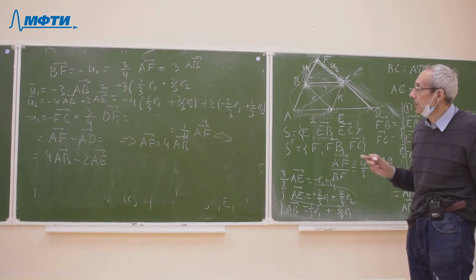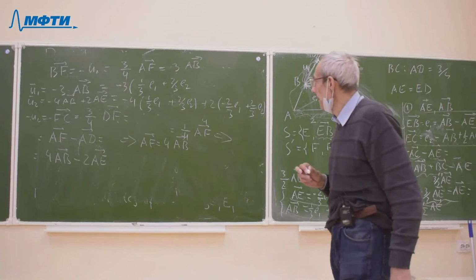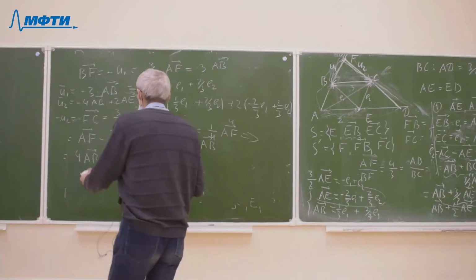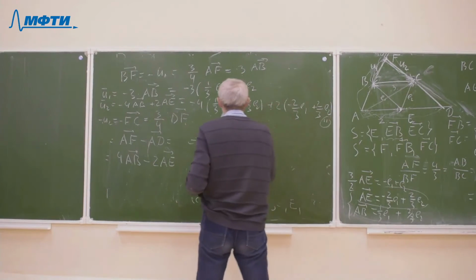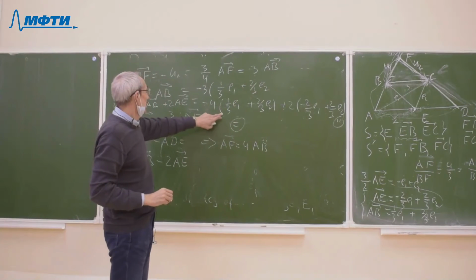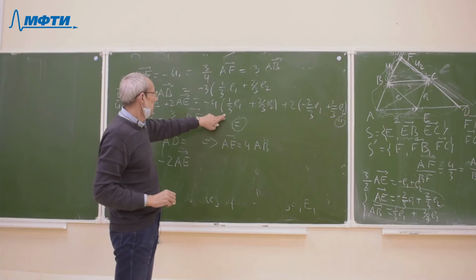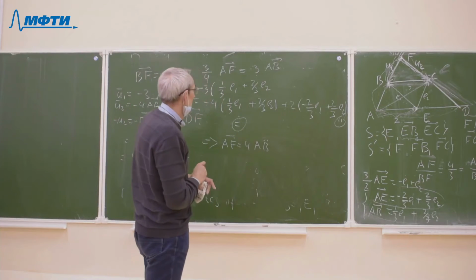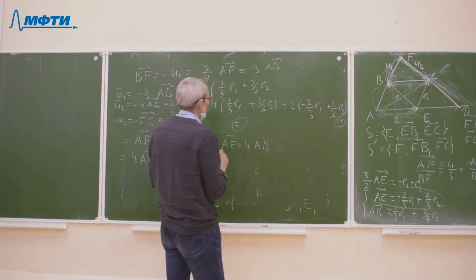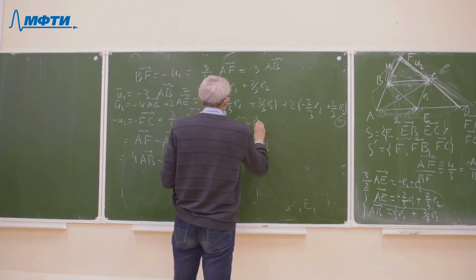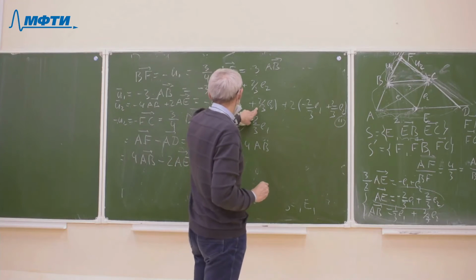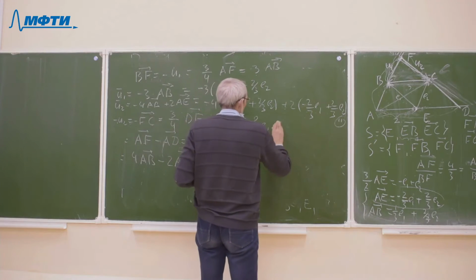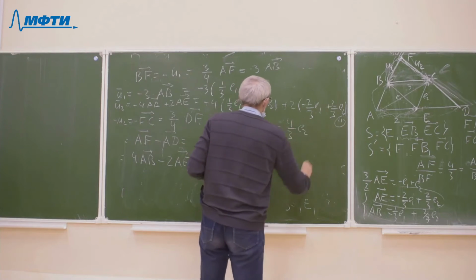Let's check this equality, and we obtain the following equality: minus 4/3, minus 4/3, minus 8/3 E1, minus 8/3 plus 4/3 minus 4/3 E2.